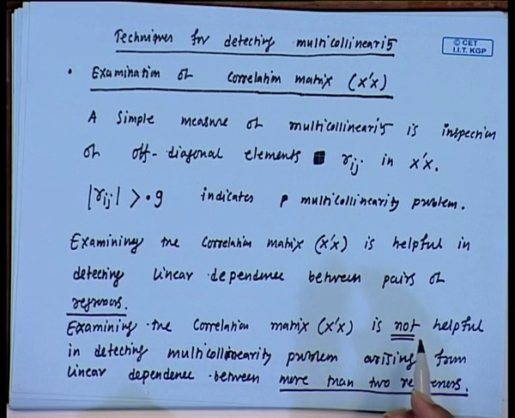So what it says, basically, is that if the multicollinearity problem is due to the linear dependence between two regressors, then the correlation matrix can detect that. But say we are in the multiple linear regression setup, so there are k minus 1 regressors, and k minus 1 could be greater than 2.